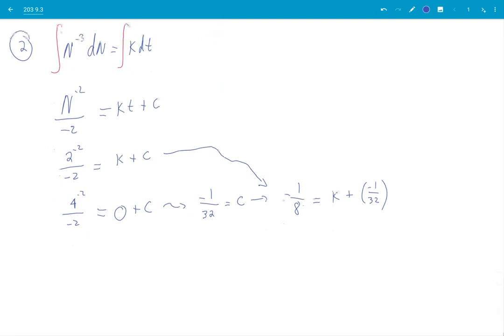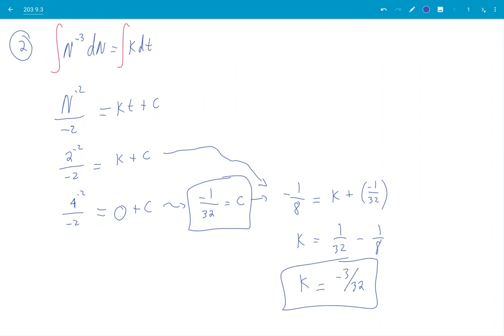So what does that tell me? It tells me k is equal to 1 over 32 minus 1 over 8, which is negative 3 over 32. Okay, so I got my c and I got my k.